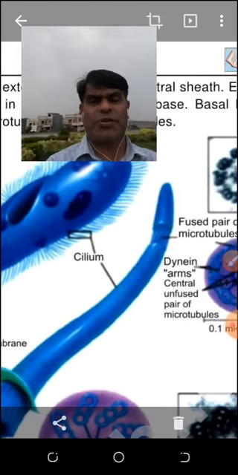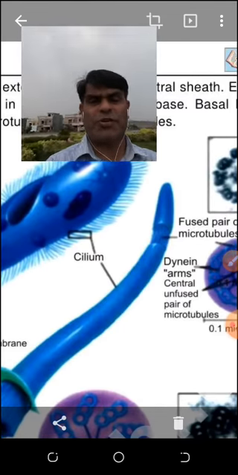If you just see this cilium, you are taking one cilium, and this one cilium will go into these fibers.